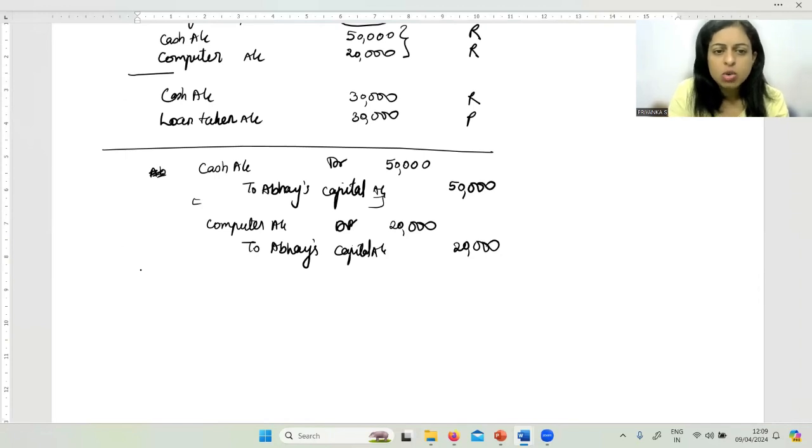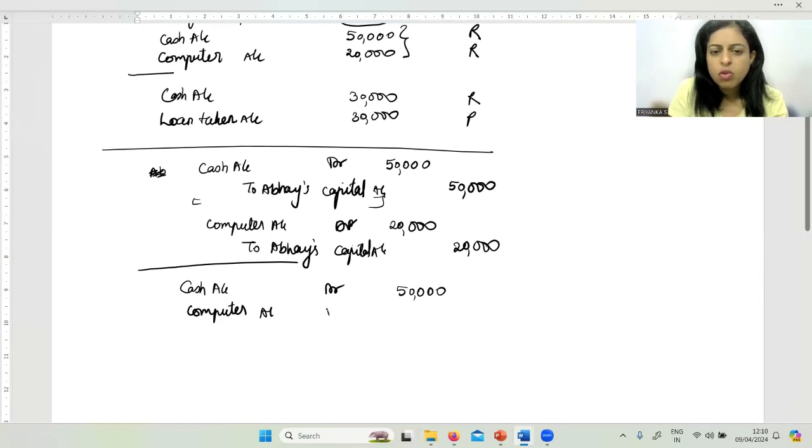Correct? So what I can do here, instead of writing two journal entries here, I will write one single entry here. I will write cash account debit 50,000. Computer account debit 20,000 and to Abhay's capital account.